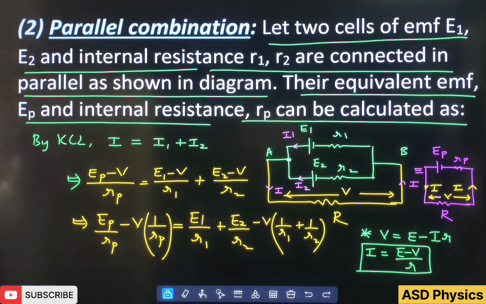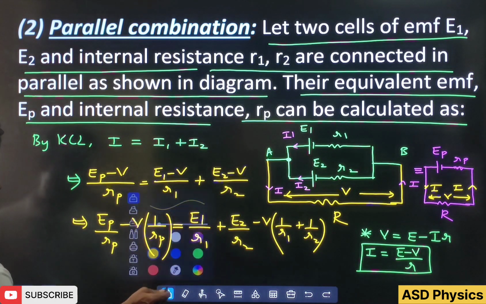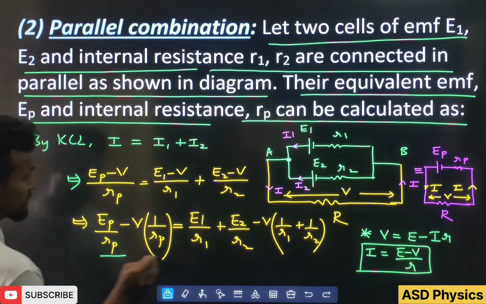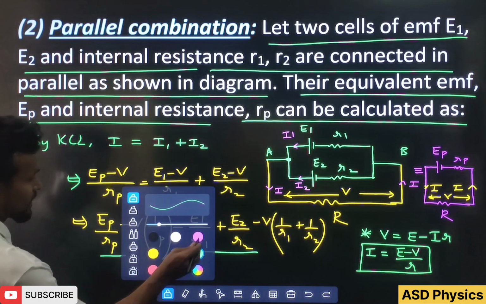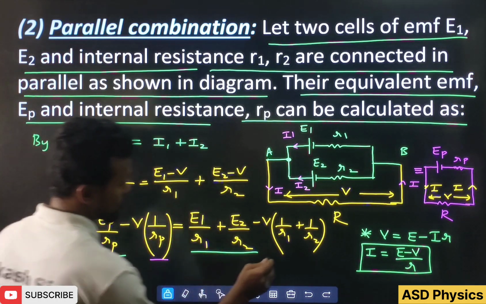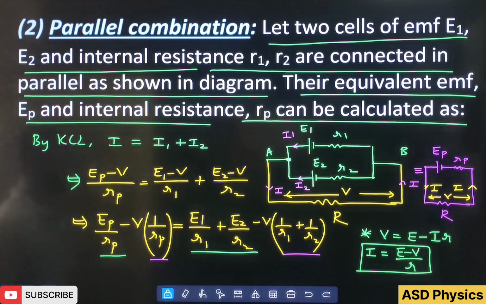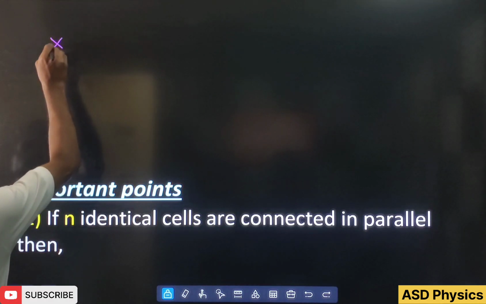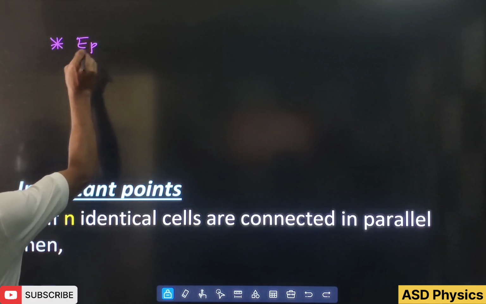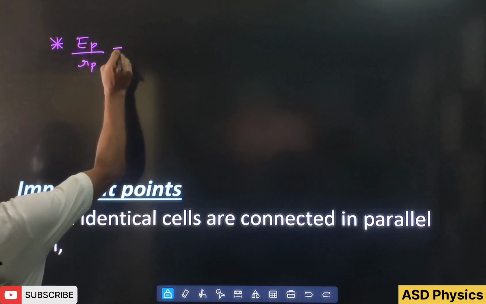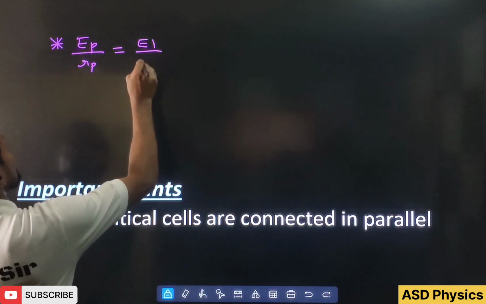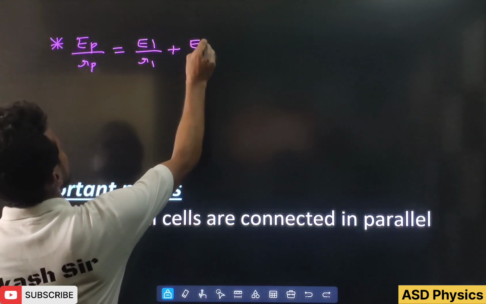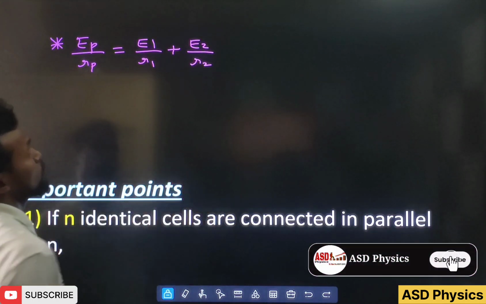Now on both sides we will do the comparison. What comparison will happen? Remember that here we compare the terms, and after that the coefficient of V with the coefficient of V. So the first one, Ep by Rp, will become E1 by R1 plus E2 by R2.